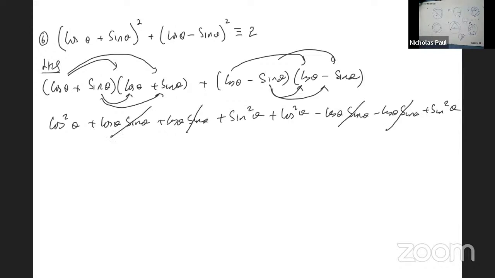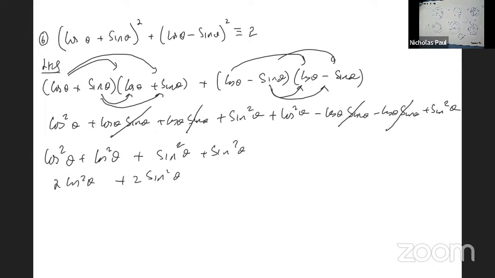Then bring like terms together: cos squared plus cos squared, sine squared plus sine squared. This will give you 2 cos squared theta plus 2 sine squared theta. Factor out 2 and you get 2 times 1. So your answer is 2. That's it.